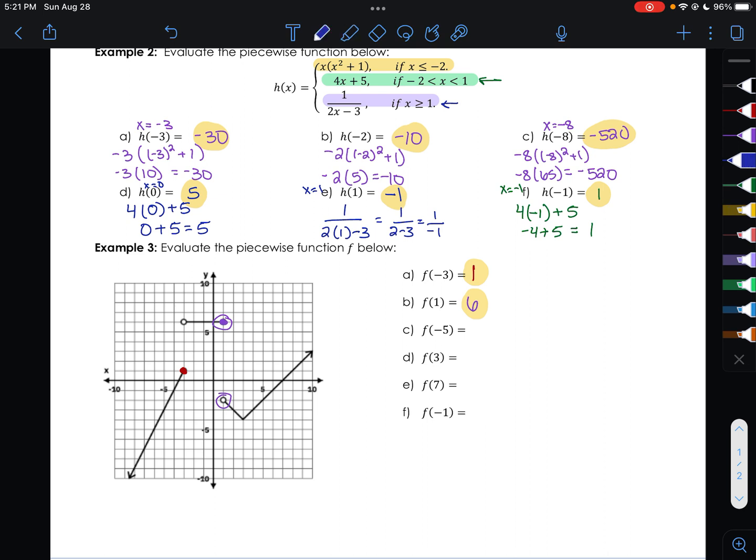F of negative 5, so I find negative 5 on my x-axis. I find where the graph hits, and that y value would be negative 3. F of 3, we find 3 on the x-axis. You find the point that corresponds with it. That would be negative 4.